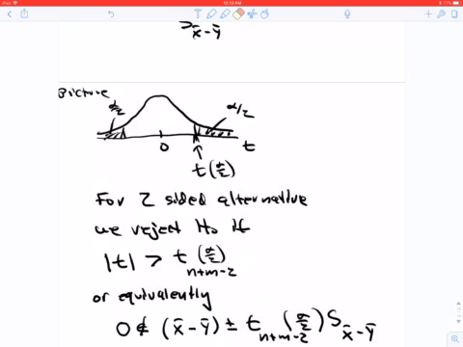And so let's say we're doing a 2-sided test. This is our picture. We're going to reject here. So this is our rejection region.